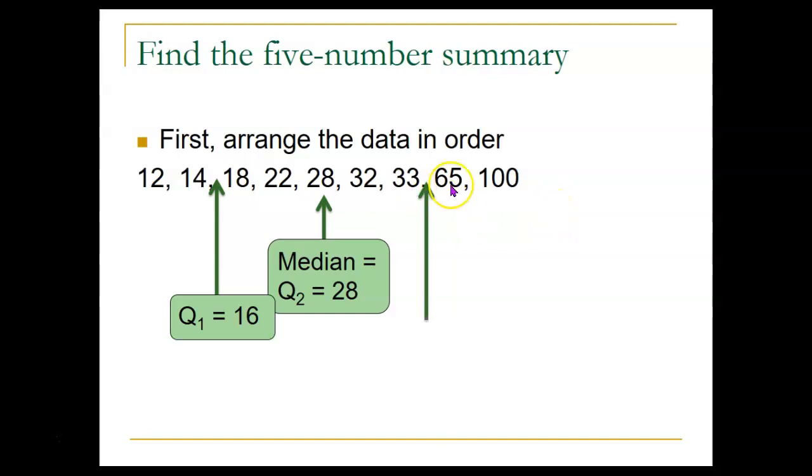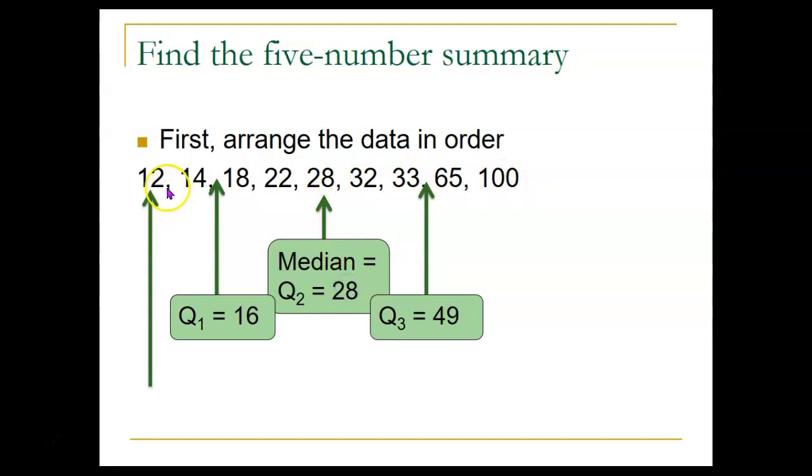So halfway between the 33 and the 65, and if you're not sure what is halfway between 33 and 65, remember you can sort of average them together. You can add those 2 numbers together and divide by 2. So 33 plus 65 would add up to 98, and then 98 divided by 2 would be 49. So Q3 is 49. That's the median of the part of the data that are above the overall median.